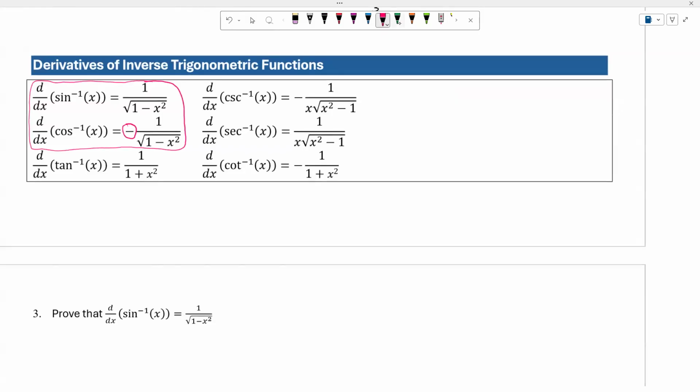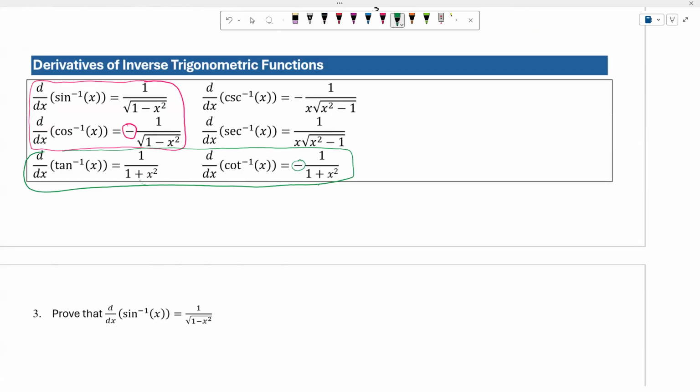The derivative of tangent inverse is equal to 1 over 1 plus x squared, and the derivative of cotangent inverse is negative 1 over 1 plus x squared. Again, the derivatives of tangent inverse and cotangent inverse are a pair, and for cotangent inverse we carry a negative sign.